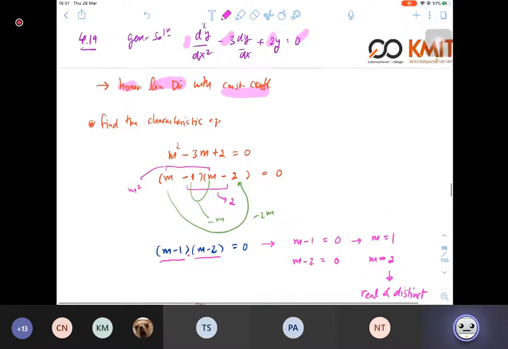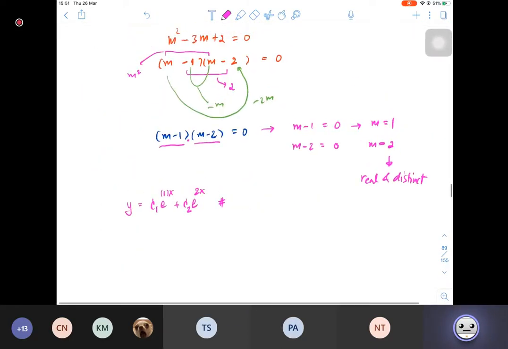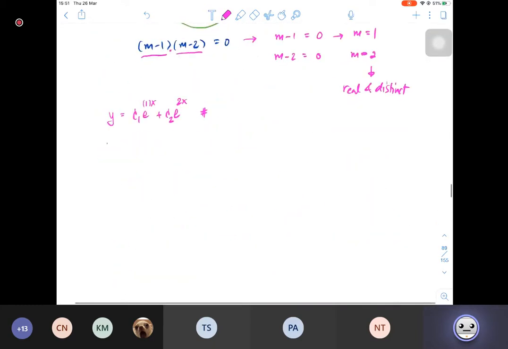Let's check whether this is really a solution. To check, we need to take the first derivative and the second derivative. The first derivative of the solution would be C1 e to the x plus 2C2 e to the power of 2x.